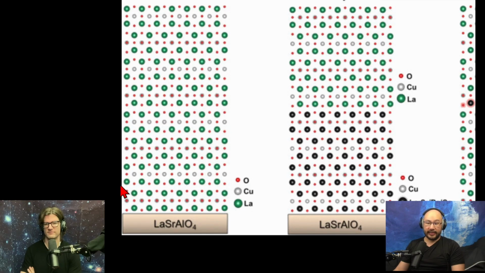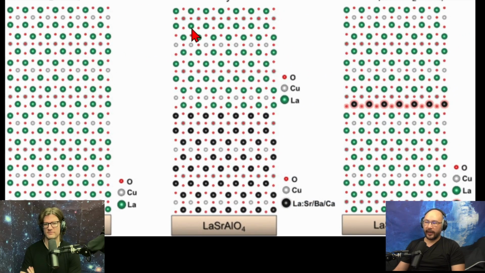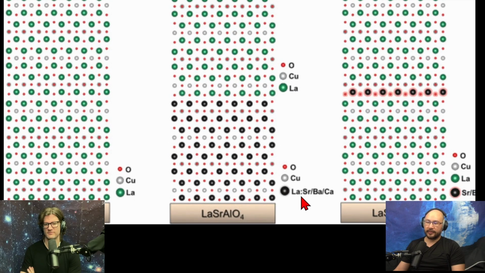But nowadays we can really lay down different layers of atoms as we want. So this entire block is lanthanum cuprate. This next one is a bilayer. So we grow first lanthanum, strontium, barium, calcium. These black dots represent some of this. It's mostly lanthanum with little bits of these other things.